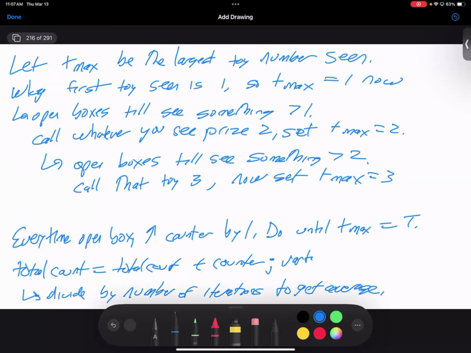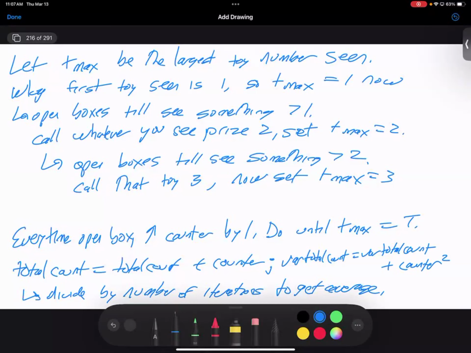So just variance total count equals variance total count plus counter squared. And I would just have a running sum for that. And I would have my running sum for x. I'd have my running sum for x squared.